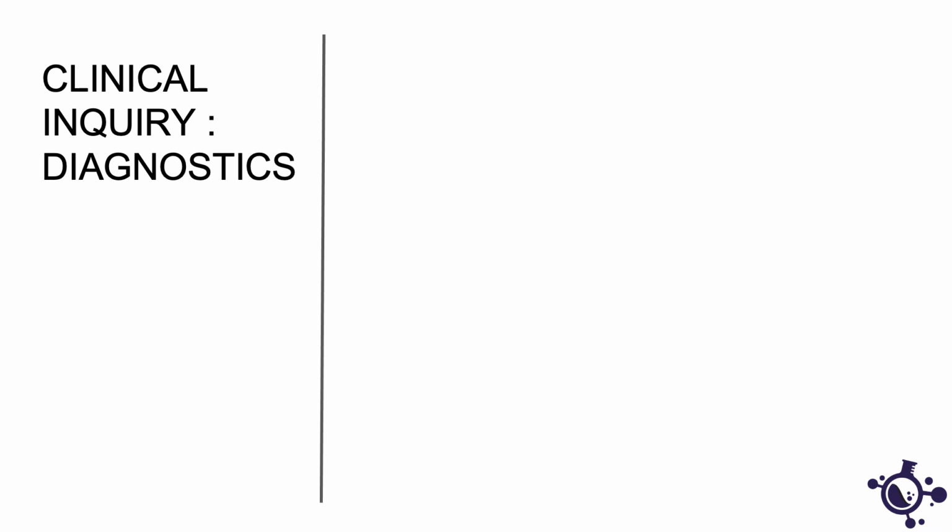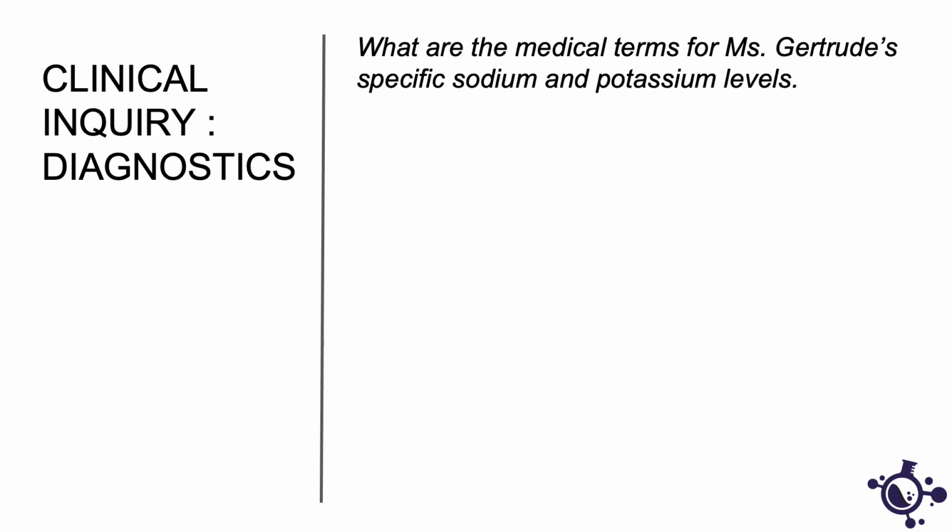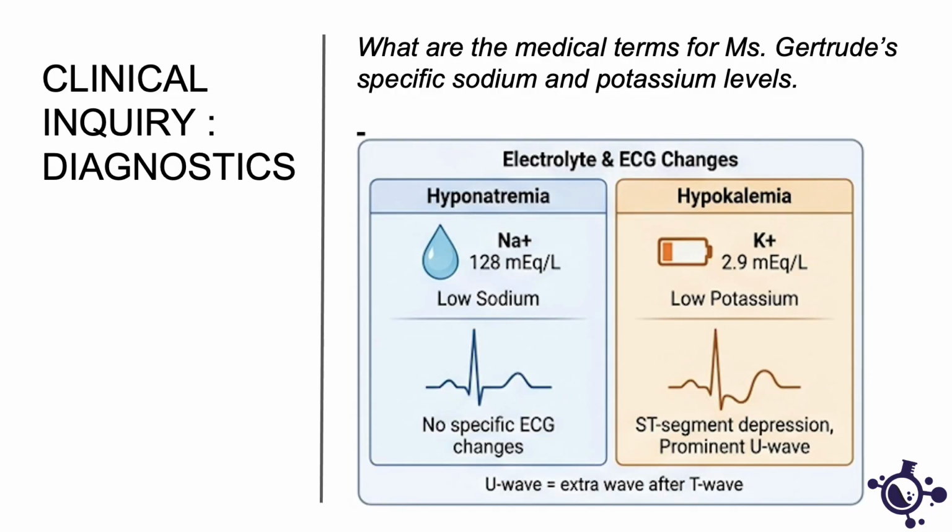With Miss Gertrude's lab work, what medical terms can we use for her sodium and her potassium levels? She's got hyponatremia for the sodium being low and hypokalemia for the potassium being low.